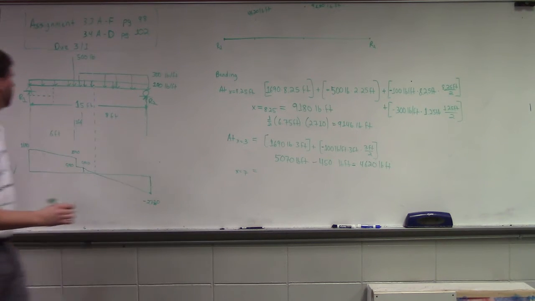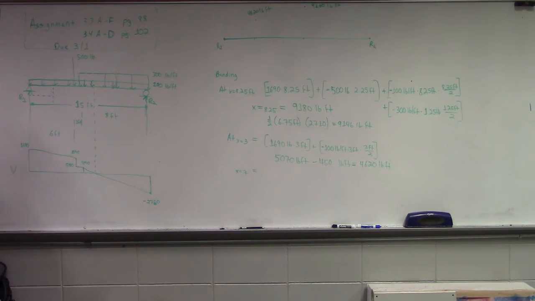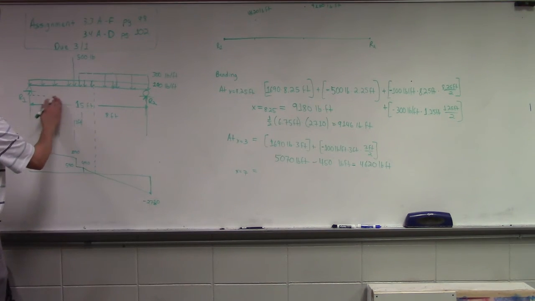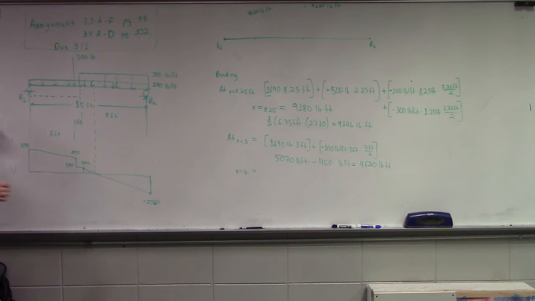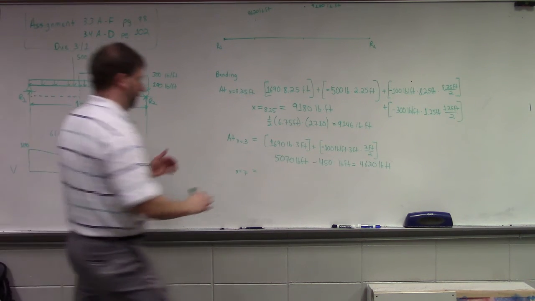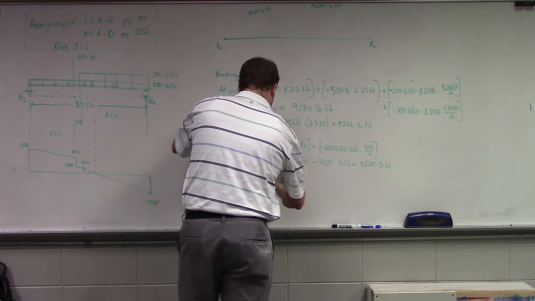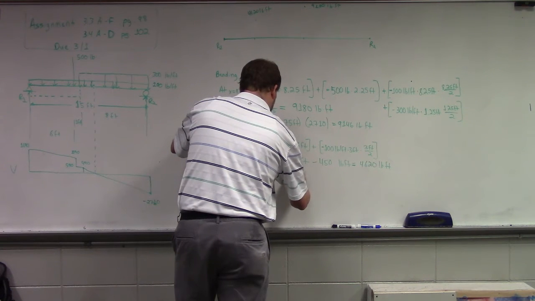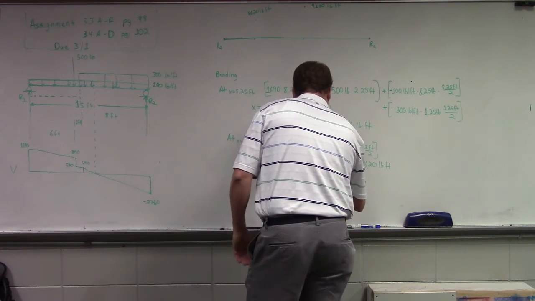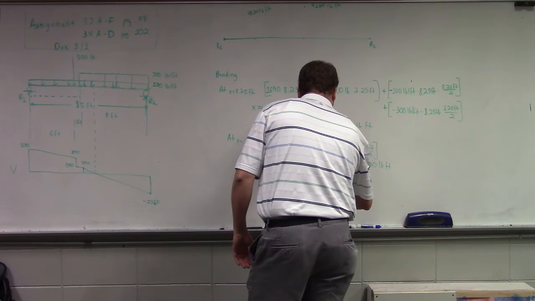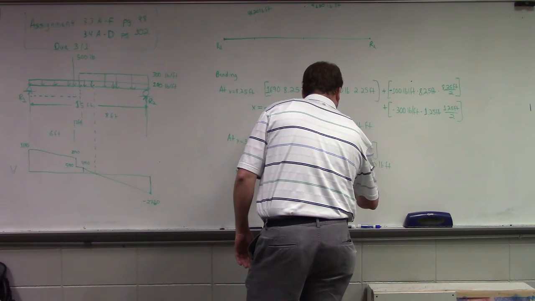Okay, so what about at x equals 7? Reaction times 7 feet, yep, then the 100, 7 times 4.5.